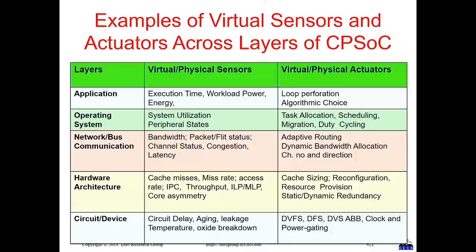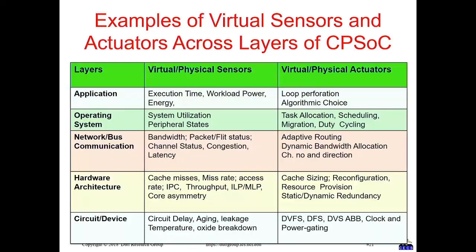So to be more specific, this seemingly complex table really tries to show you these layers that you saw earlier and gives you some examples of the virtual and the physical sensors and actuators. So for example, at the device level, you could have physical circuits that measure circuit delay, aging, leakage, temperature, oxide breakdown, et cetera.